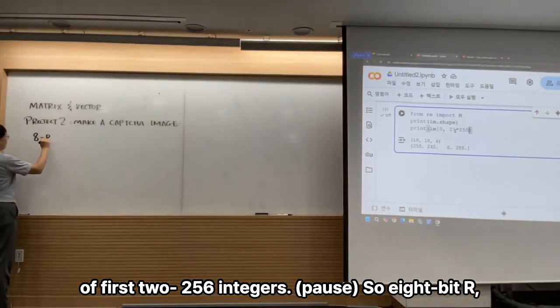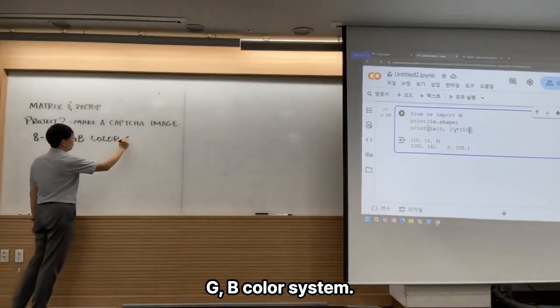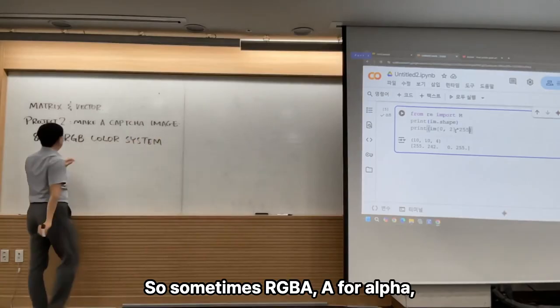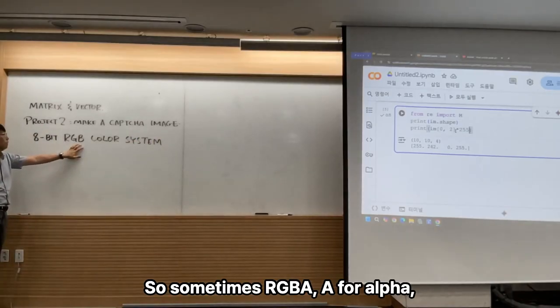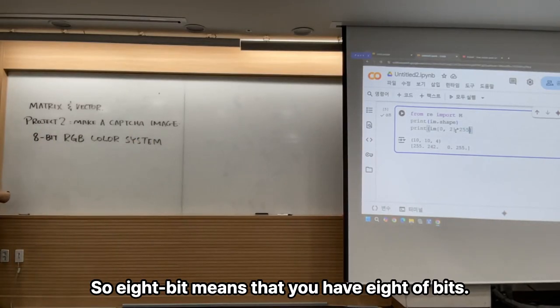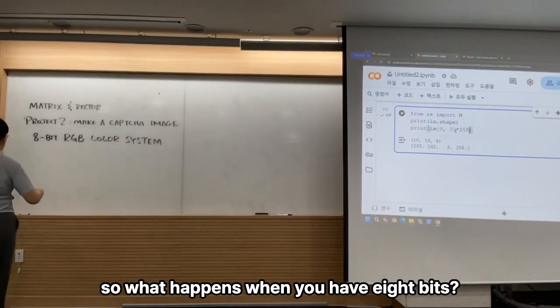So it's the 8-bit RGB color system. Sometimes RGBA, A for alpha. So that's why we have 4 numbers. 8-bit means that you have 8 bits. A bit is either 0 or 1. So what happens when you have 8 bits?